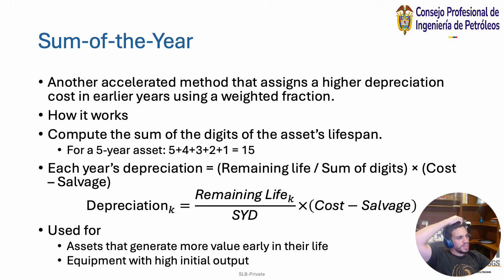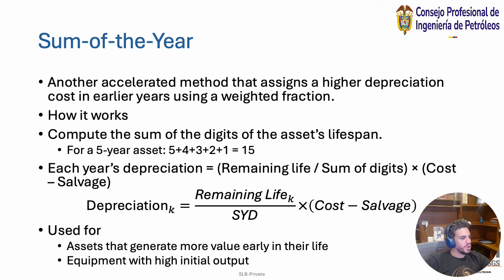The sum of the years is another accelerated method that assigns a higher depreciation cost in early years using a weighted fraction. Basically how it works is that you compute the sum of the digits of the asset's lifespan. So if you had a 5-year asset, you would do 5 plus 4 plus 3 plus 2 plus 1. And then each year's depreciation would equal the remaining life divided by the sum of digits, multiplied by the cost minus the salvage, right?